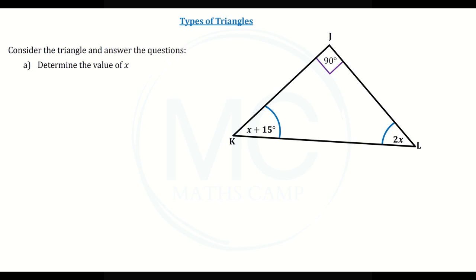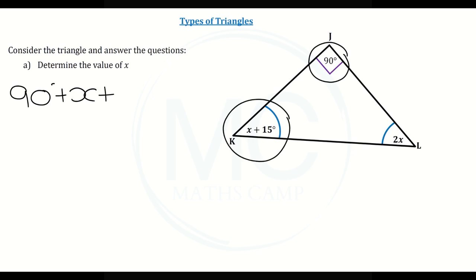We know the sum of the interior angles of a triangle is always 180 degrees. So let's add our angles together. We have the 90 up here, so we say 90 degrees. Then we have x plus 15, so we say plus x plus 15 degrees.